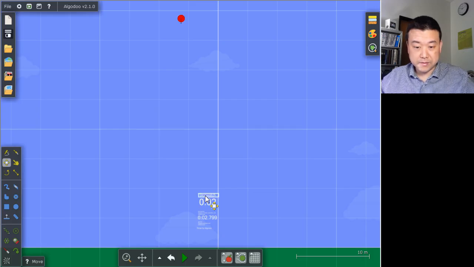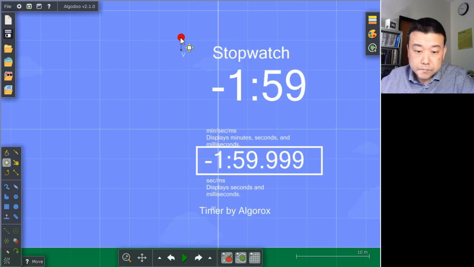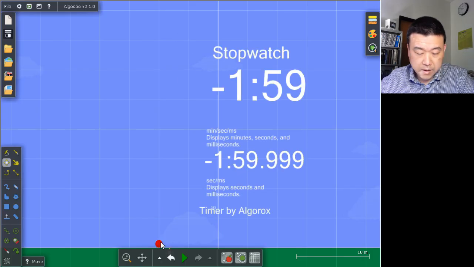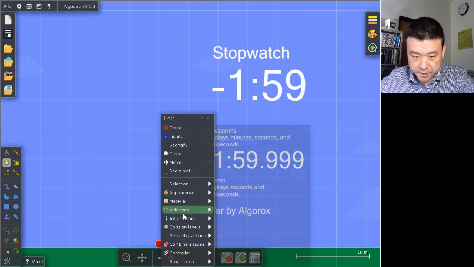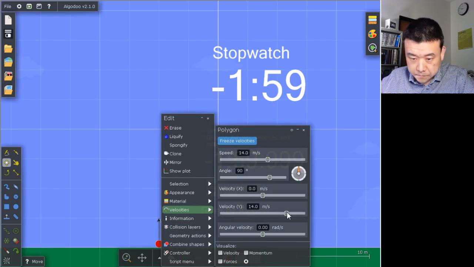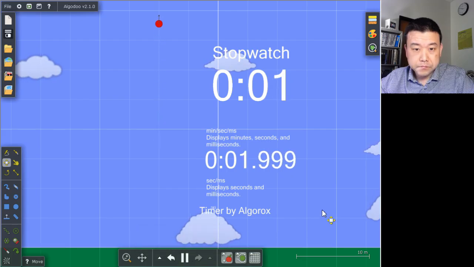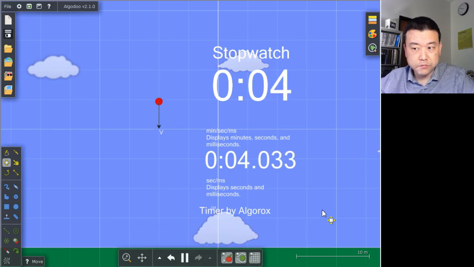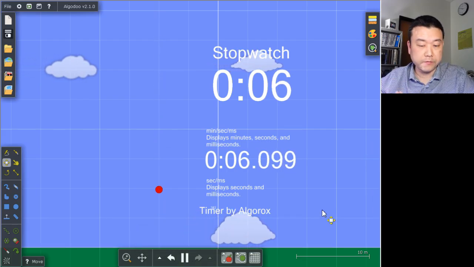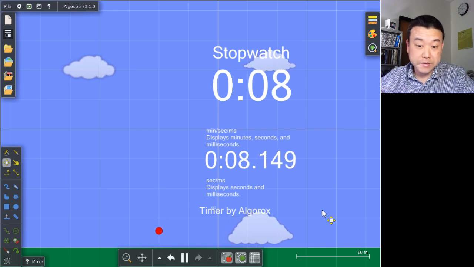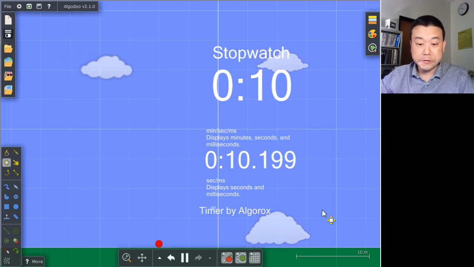And let me scale this stopwatch, and give this ball upward velocity again. And let's give it a try. Alright, that seems reasonable. That seems intuitively what you would expect to see in a ball you throw upward.